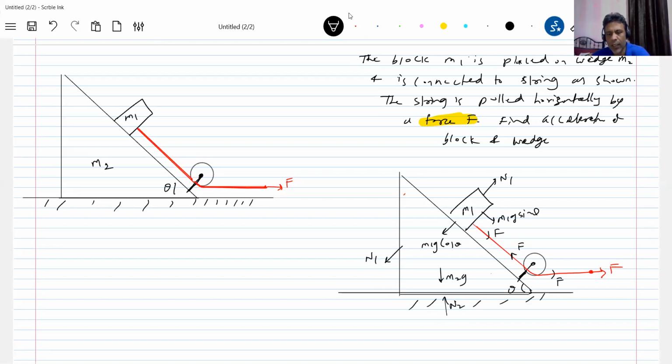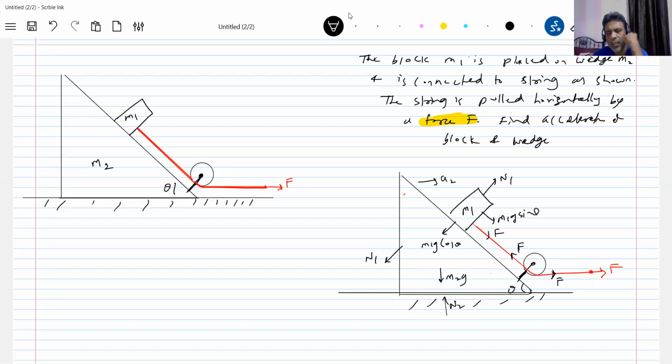Here, N1. In what direction will the wedge move? This is something you should be able to guess. It should move towards the right only.